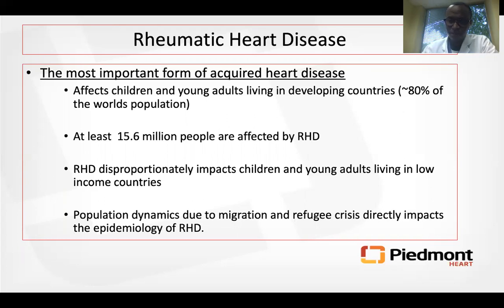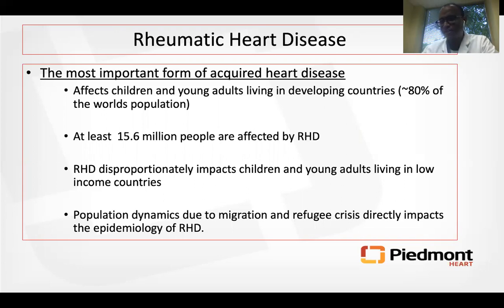At least 15.6 million people are affected by rheumatic heart disease, so it is a disease of public health importance. Unfortunately, it disproportionately impacts children and young adults living in low-income countries.